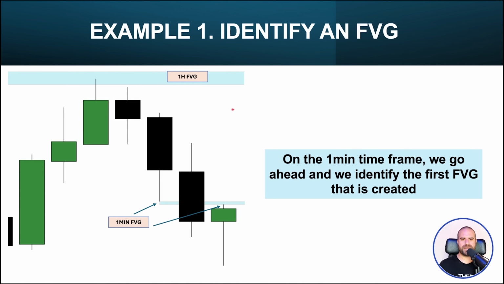Do we wait for a change of character like that and then identify an area? If you do that, many times you're going to be missing your trade, or many times price is going to be coming back and it will be stopping you out. As a matter of fact, in the one-on-one, I'm teaching something very spectacular as an entry as well.